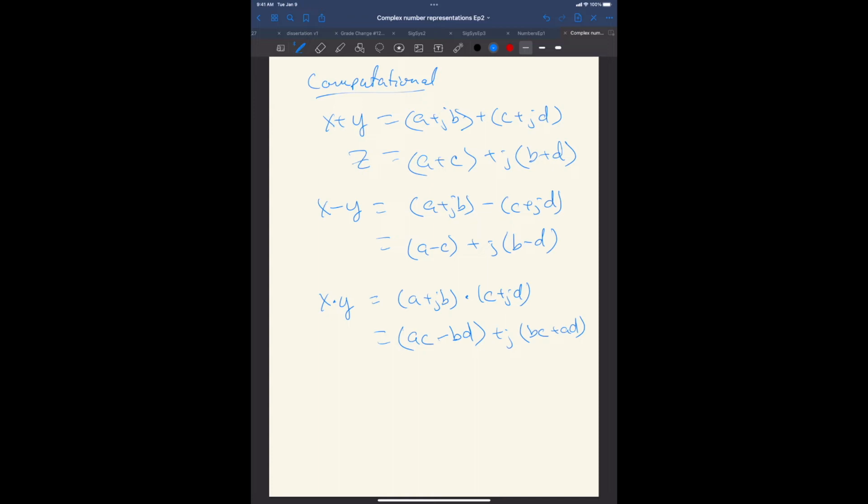But more typically, you would think of, on paper anyway, x times y as r e to the j theta times p e to the j omega, and those would be r times p e to the j theta plus omega.